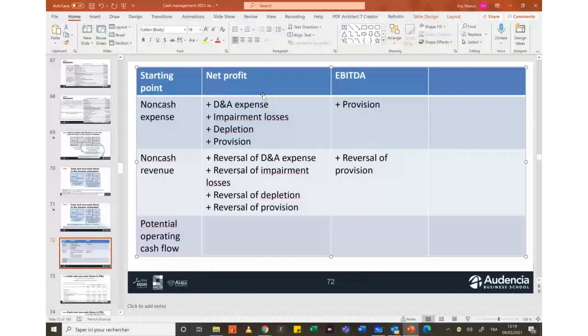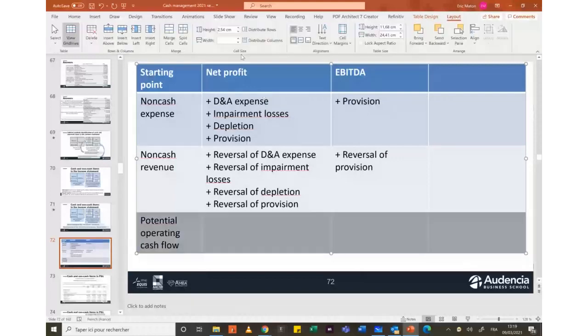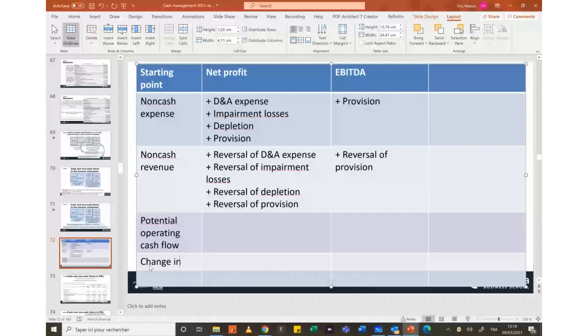In the step 2, you have the change in current operating assets and liabilities.